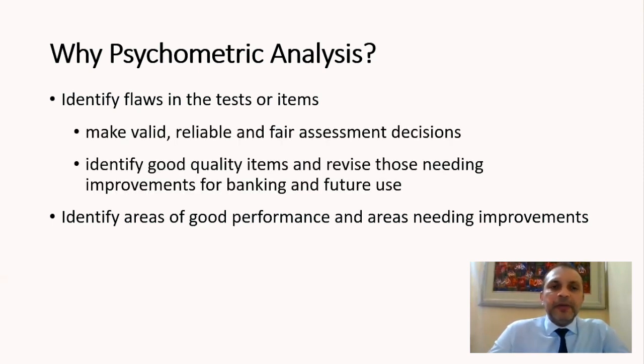So we identify flaws or strengths in the tests or items so that we can rectify post hoc after the examination has happened, before we announce the decisions or scores, to make sure that our decisions are valid, reliable, and fair, and also to identify good quality items for banking and revise those which need improvement or delete those which are very erroneous, not to be used in future.